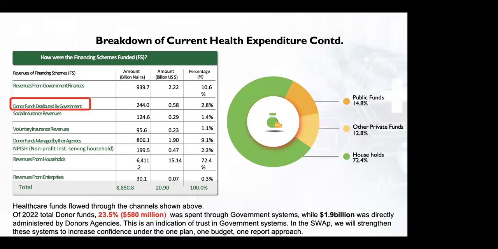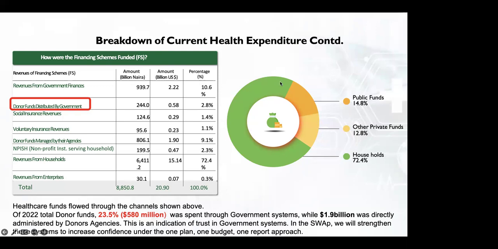Again, this is just a breakdown of how financing works and where we spend those monies. I won't dwell too much on it, but just to flag that there is also a pool of private sector that we don't often talk about that spends quite a bit of money on health.